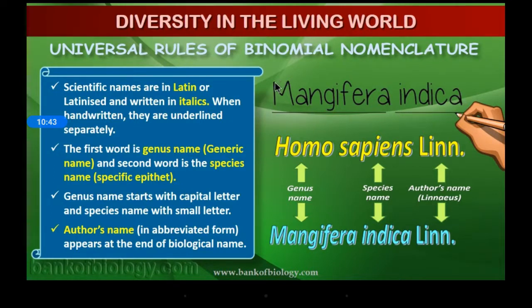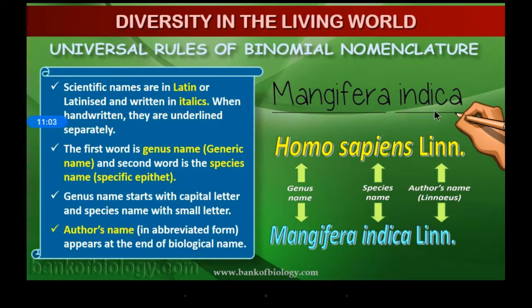Okay, and it will consist of two words. So the first word is the genus word, Mangifera. Mangifera is the genus word and indica is the species name. The second word is the species name, which is also known as the specific epithet.